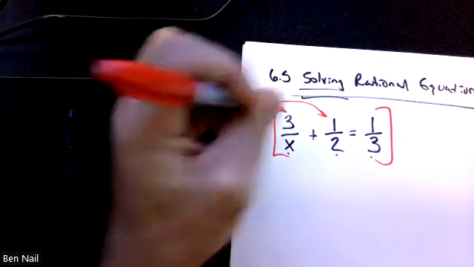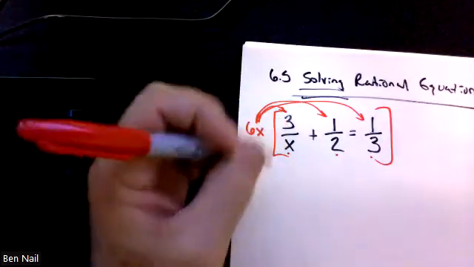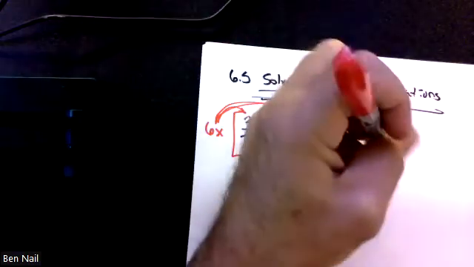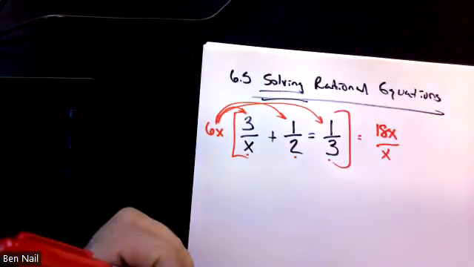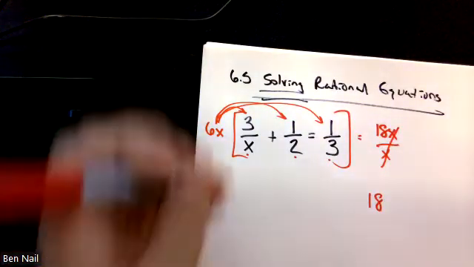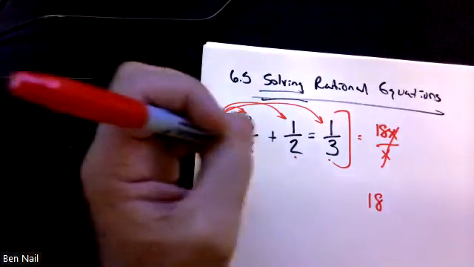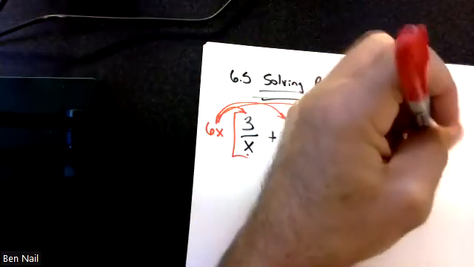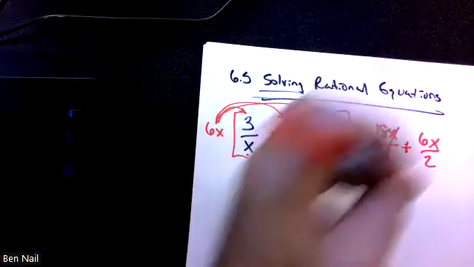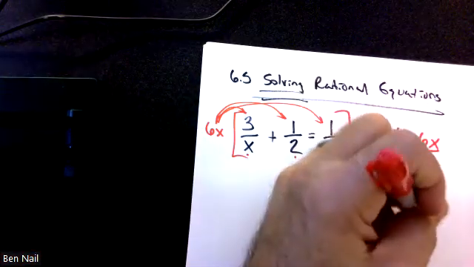If we multiply 6x times 3, we get 18x over x, which is just 18. We multiply 6x times 1 over 2, we get 6x over 2, which is 3x.